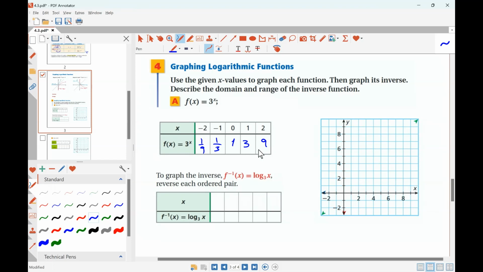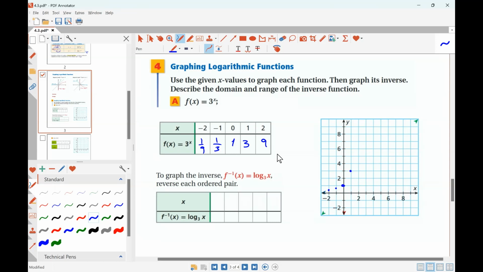We can graph this first. At negative 2, I'm at 1 over 9, very close to 0. At negative 1, I'm at 1 over 3, a little bit higher. At 0, I'm at 1. At 1, I'm at 3, up here.